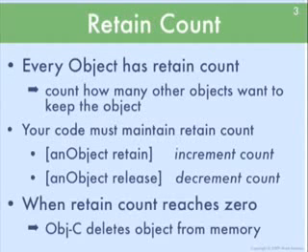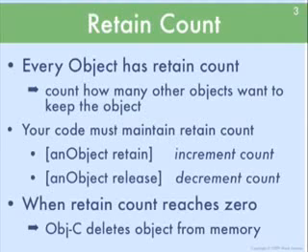So in Objective-C on the iPhone, all memory management is done using retain counts. Every object in Objective-C is derived from the base class NSObject. An NSObject has a property which is the retain count. The retain count is a count of how many other objects want to keep this object around.